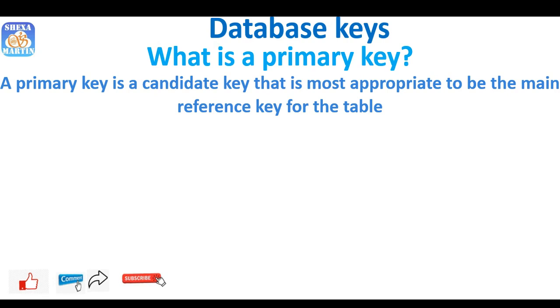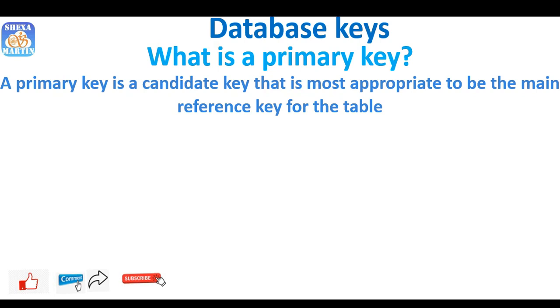It's the key of reference for the table or for the relation to point out or uniquely identify instances of an entity. So entity integrity is enforced, and the key is also used throughout the database to help establish relationships or links with other tables. As with any candidate key, the primary key must contain unique values, must never be null, and uniquely identify each record in the database table.